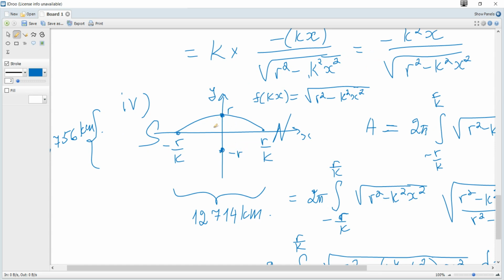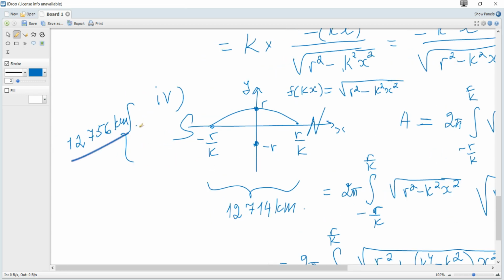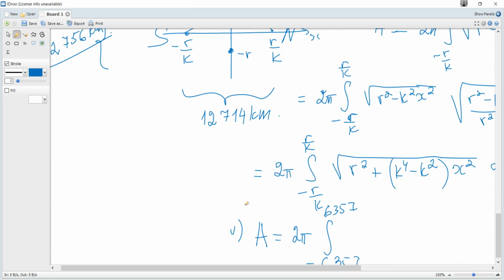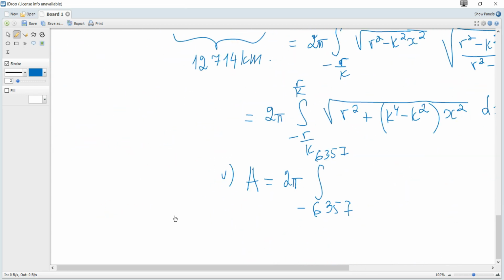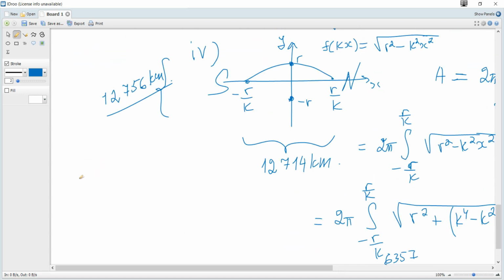Because it's symmetrical, it is rotated about the x-axis, so this distance is also r and r, and this distance is this, so r is just this value divided by 2 kilometers.